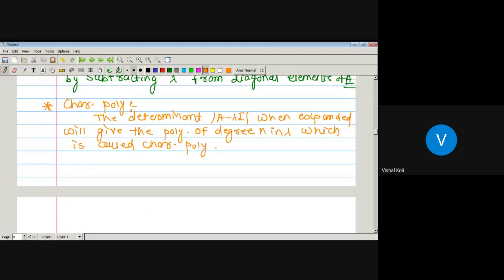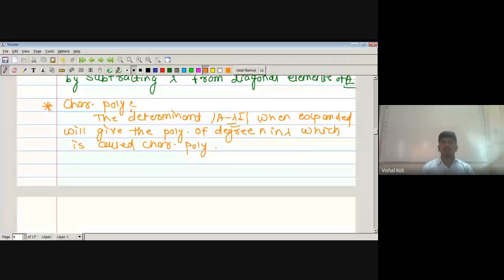That is, if we find the characteristic matrix A minus lambda I, then its determinant will give a polynomial of degree n. Its degree will be n since it is a square matrix of order n. Such a polynomial in lambda is called a characteristic polynomial.